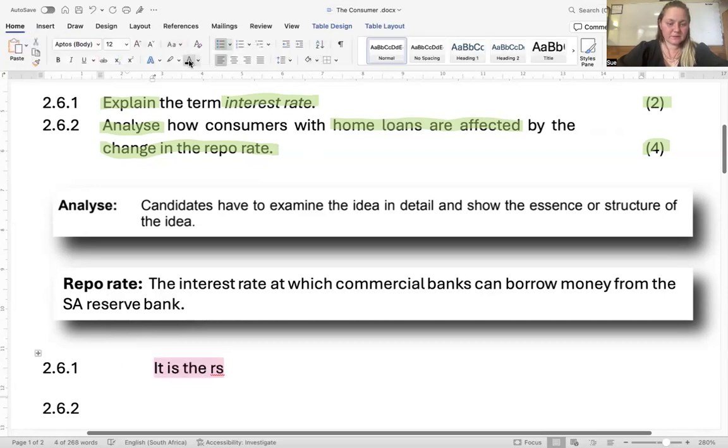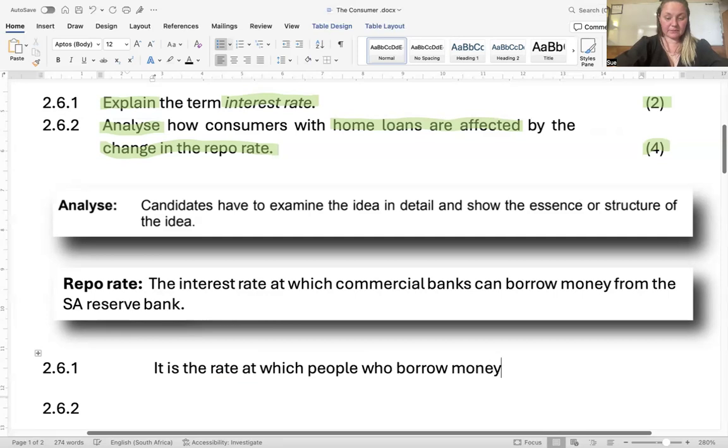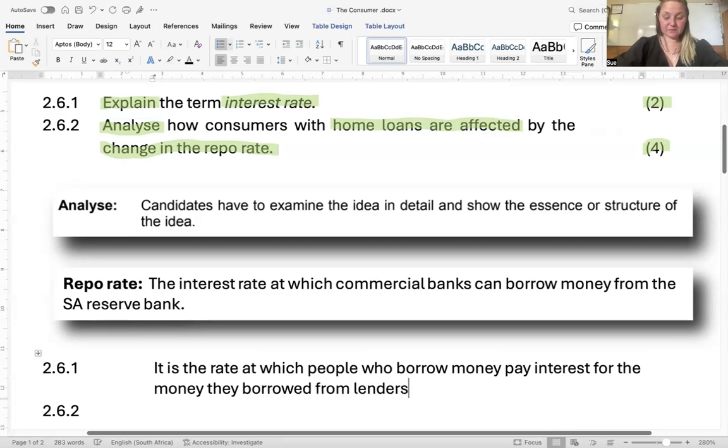It is the rate at which people who borrow money pay interest for the money they borrowed from lenders. We know that the interest rate is not fixed.